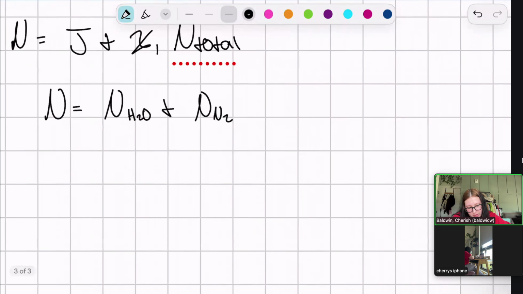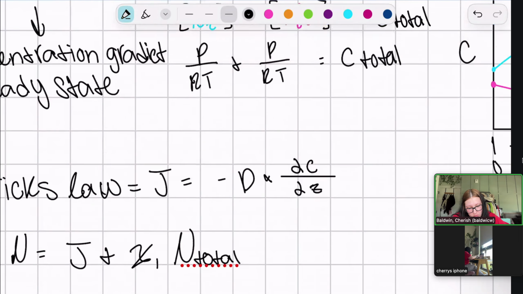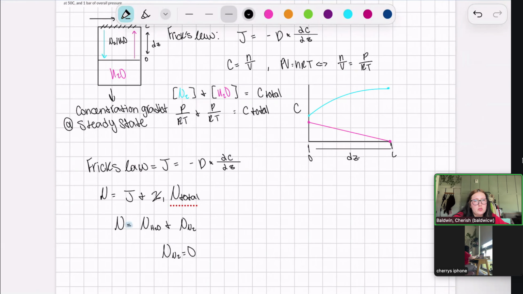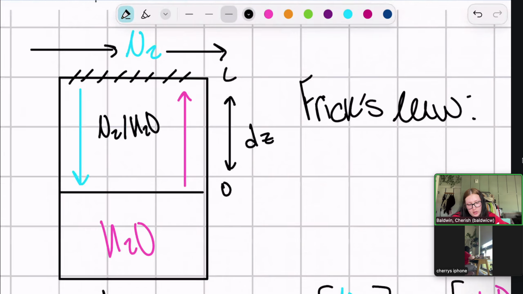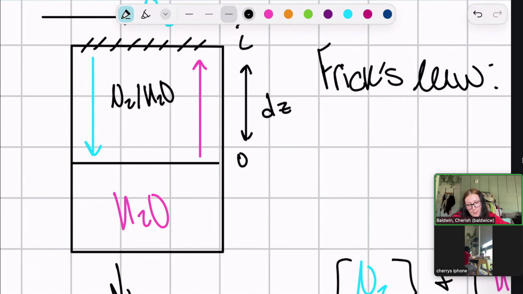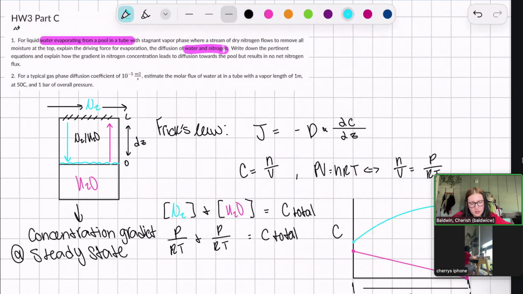And N nitrogen is equal to 0, because when we think about concentration going from high to low, it does go down all the way to the water, but it doesn't penetrate. It just stays on the surface, so it has to go back up. If we think of it like a fish in a river, the water's flowing, but for a fish to stay in one position, it has to go against the current. So they cancel each other out. So that's how it works for nitrogen's concentration.